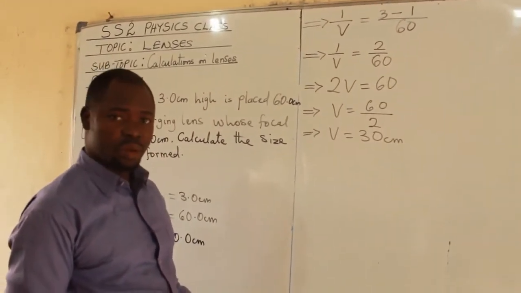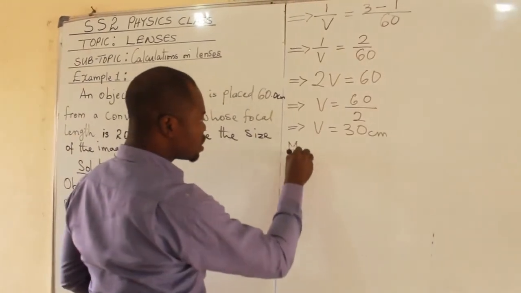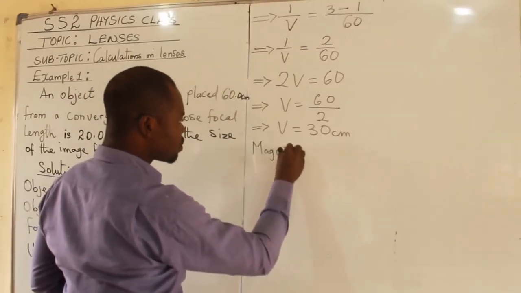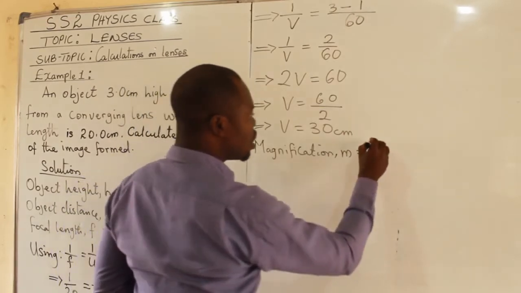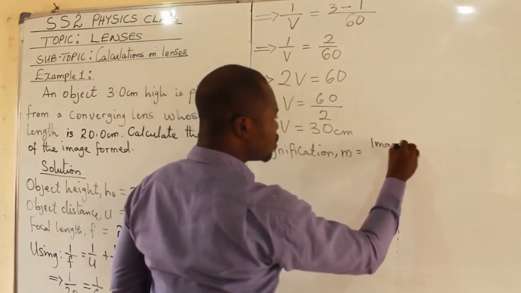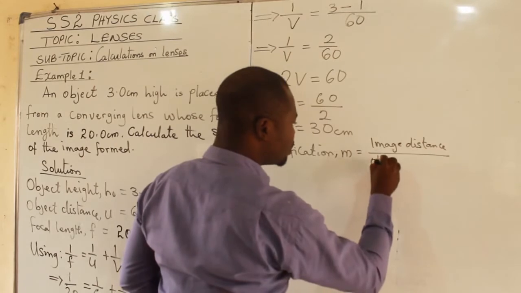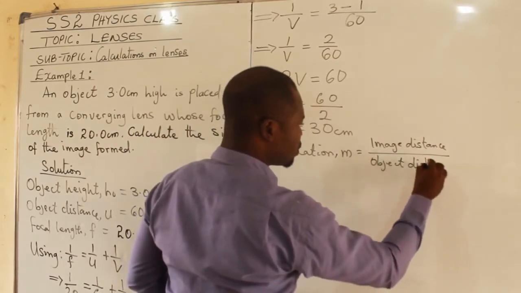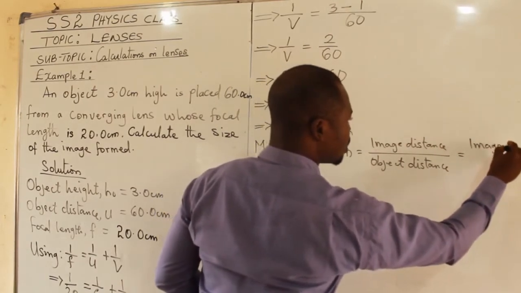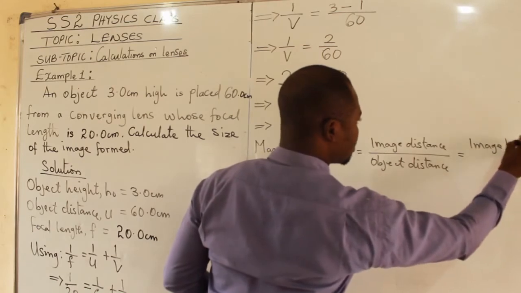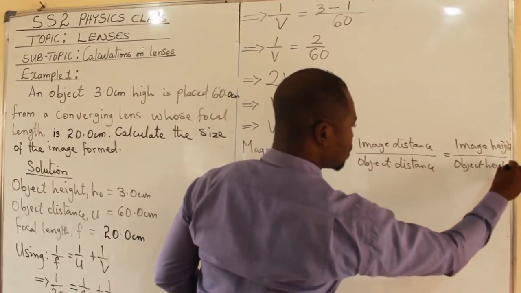Now we can go on to calculate the size of the image. From our understanding, we know that magnification m equals image distance over object distance, equals image height over object height.